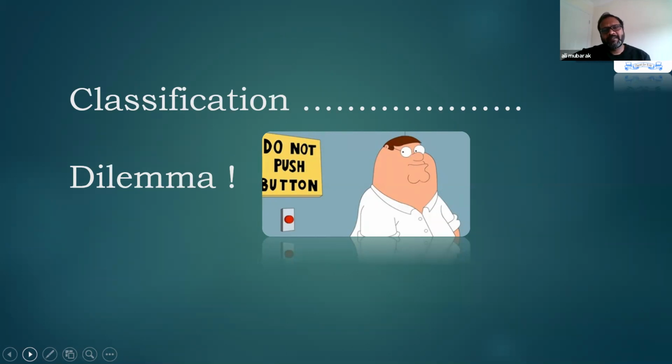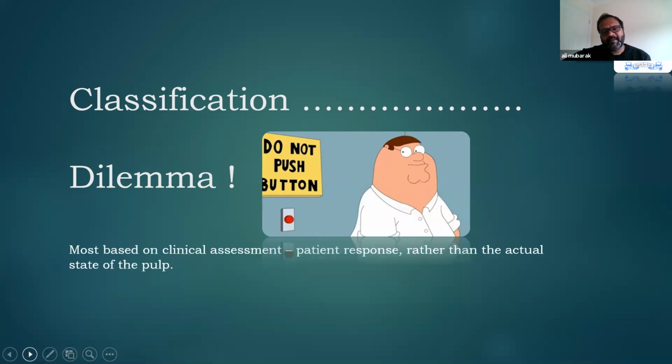Classifications, we have issues with classifications. Most of the time we tend to be confused because we have loads of different kinds of classification of the pulpal condition. We've had predominantly textbook classifications based on a lot of things, but primarily what we must understand is that everything we do is clinical based.